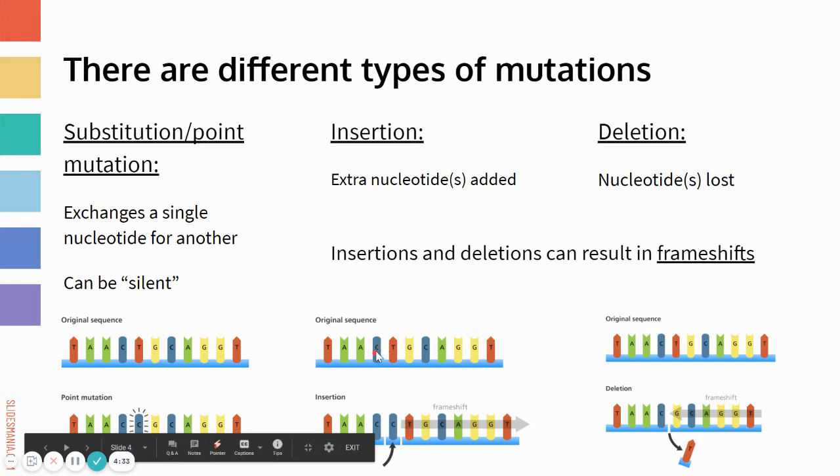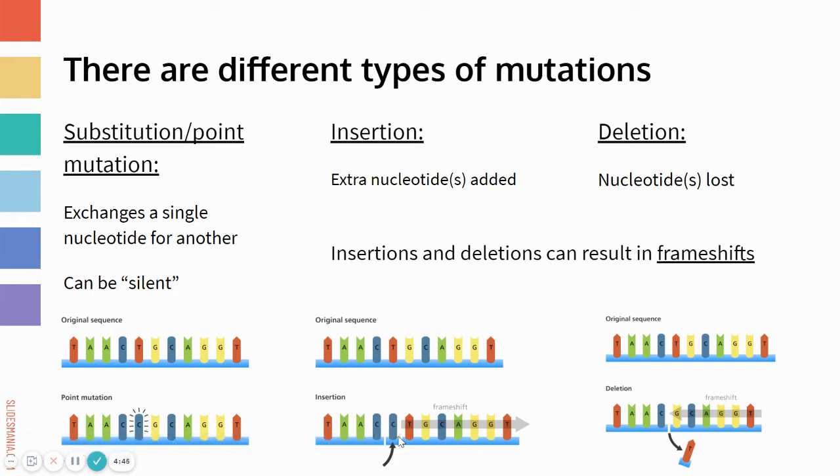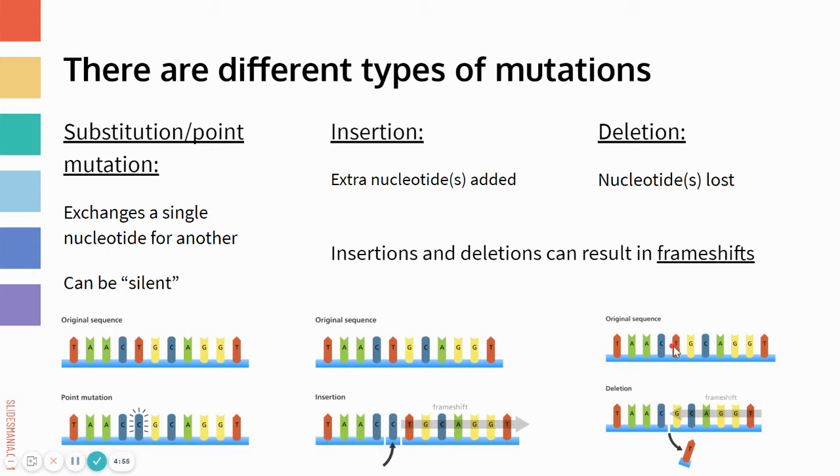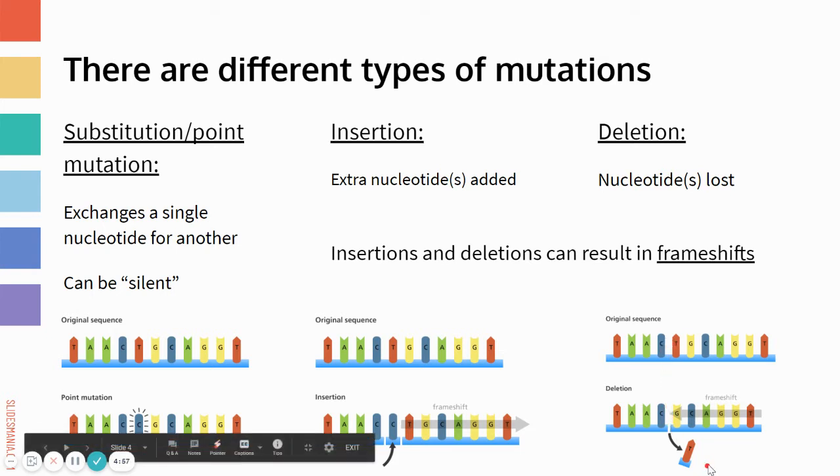Here we have a C next to a T, and here's that same C and that same T, but we've added in a C in between. It can be one, it can be a lot. You can have insertions and deletions that are different sizes. These are showing just one, but for that C and T that we were just talking about, now the T is actually going away.